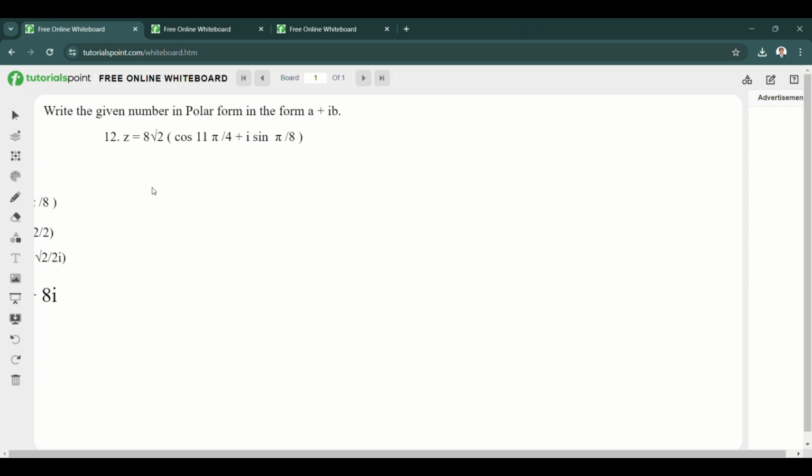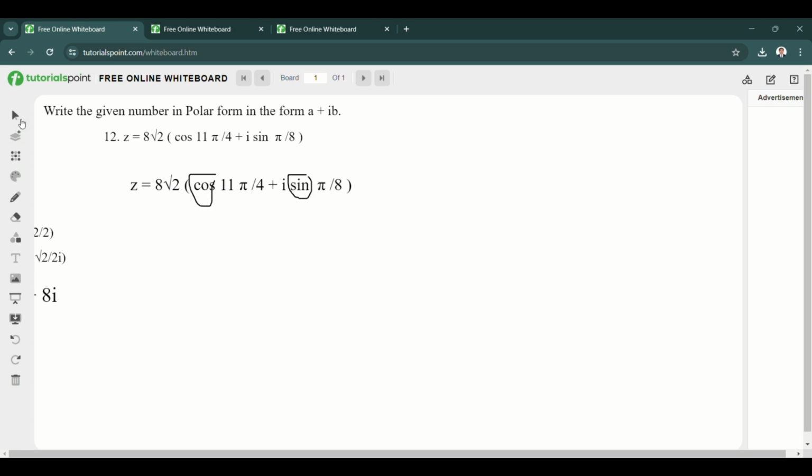So in number 12, we'll transform the polar form into the form of a plus ib. The given is z equals 8 square root of 2 cosine 11π over 4 plus i sine π over 8. So this is our original equation. The next step is to evaluate the cosine and the sine.